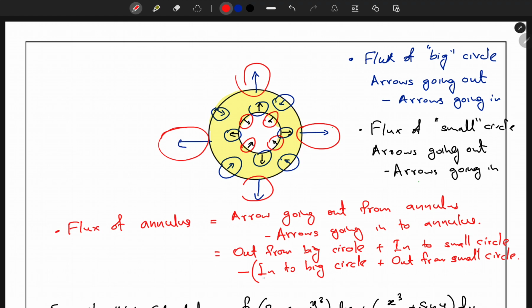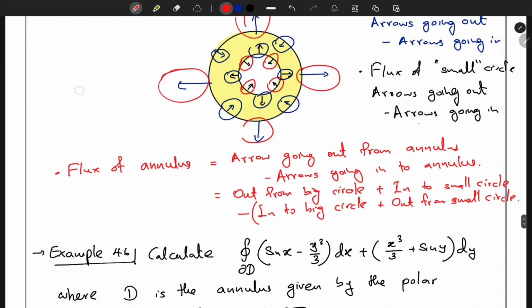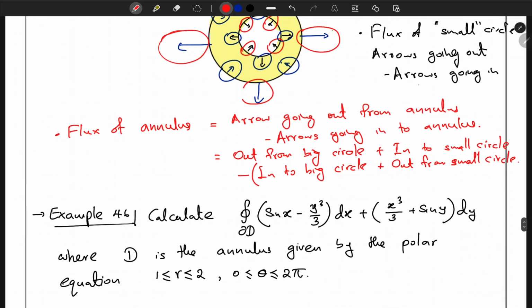Now out from big circle minus into big circle is the flux of the big circle, and the other two give you the flux of the small circle. So the total flux is the difference of fluxes of the outer boundary and the inner boundary. So that is the idea behind it. So basically we can use a slightly modified version of Green's theorem, even if you have a non-simply connected region.